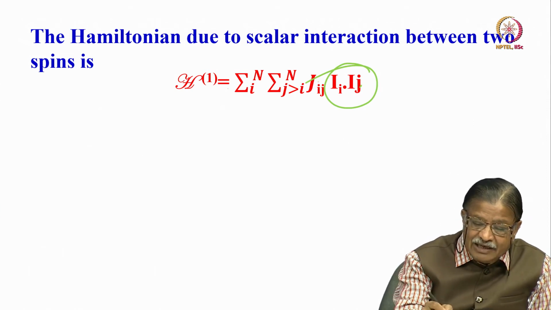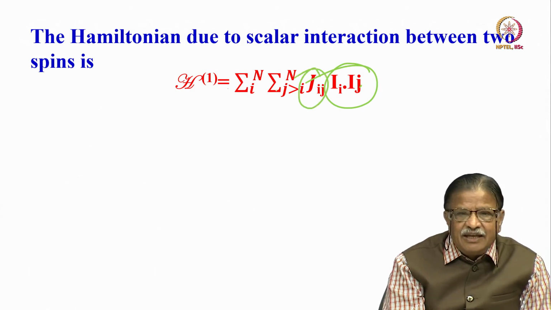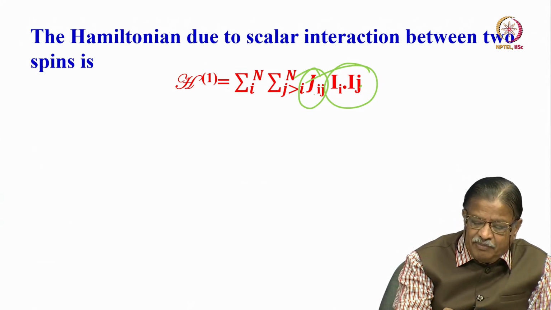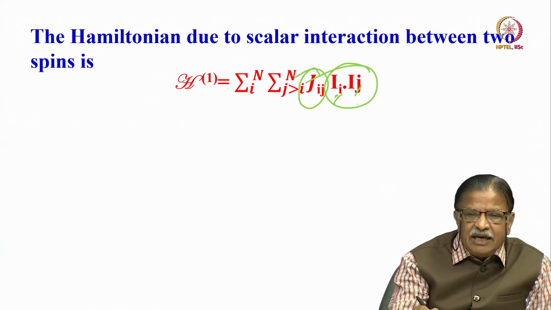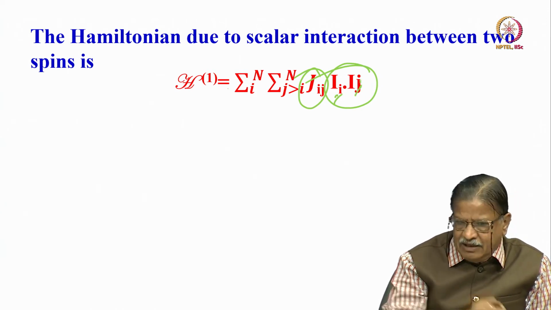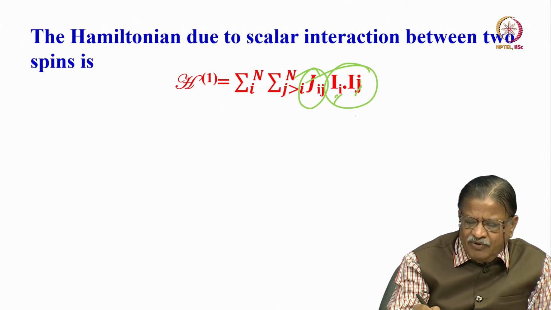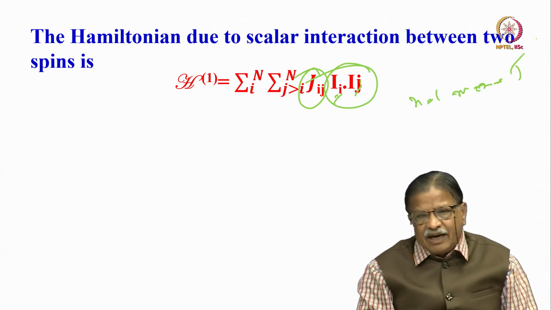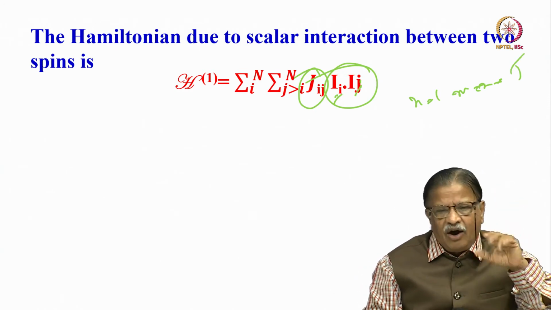Okay. And the coupling constant is Jij. This is the scalar interaction Hamiltonian. Depending upon the number of spins, I can take 1 to n. If you want, I is equal to 1 to n, and for J you can put I plus 1 to some number, so that you will get all possible combinations of that.